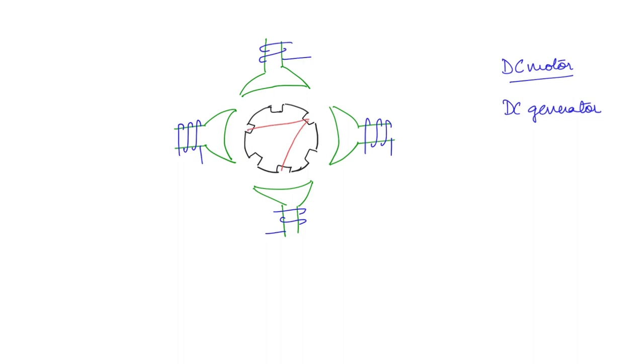So when a moving coil is present in a magnetic field, a voltage is going to be induced, and that is how voltage is produced in a DC generator. So the basic structure for a DC motor or generator is going to be the same, and that is why we most often talk about it as a DC machine rather than a DC motor or generator.